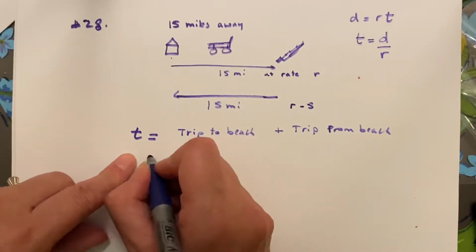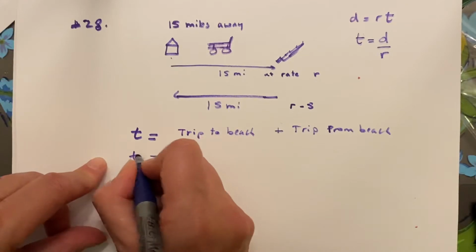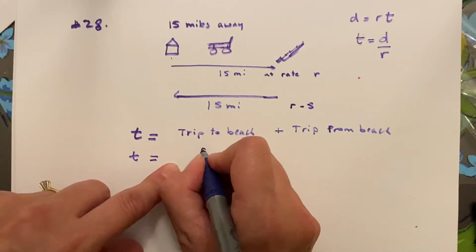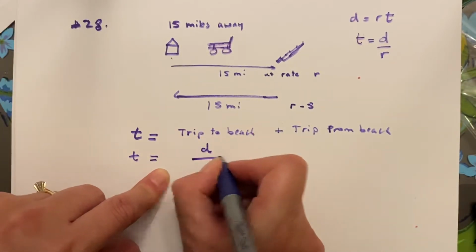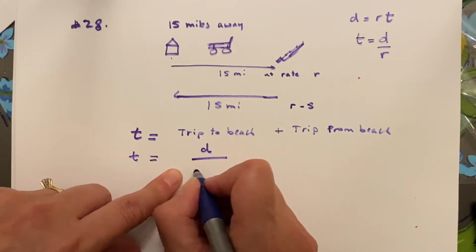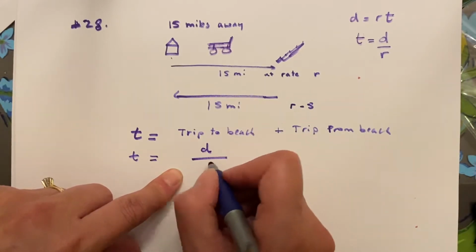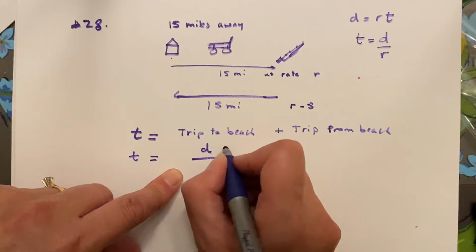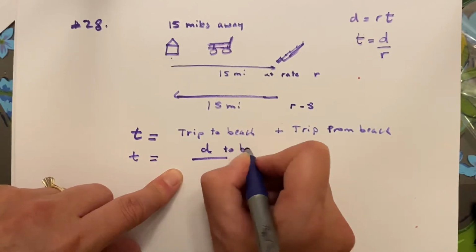Well, T is going to be the distance to the beach divided by your rate to the beach, right? So I'm still using words.